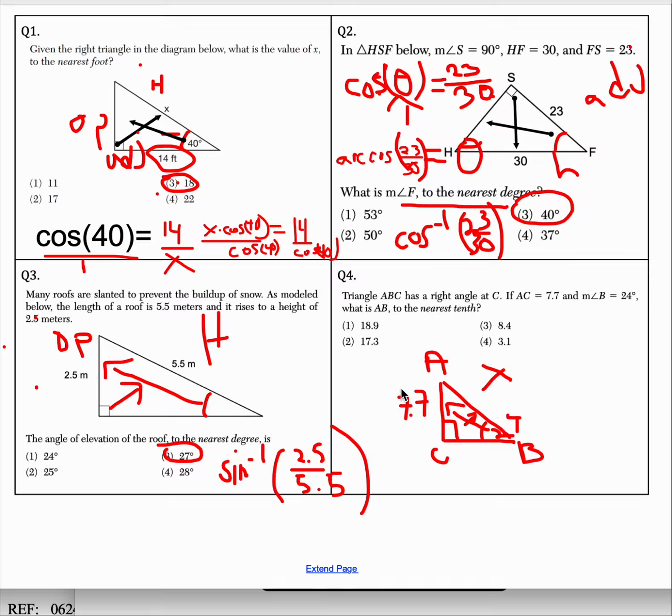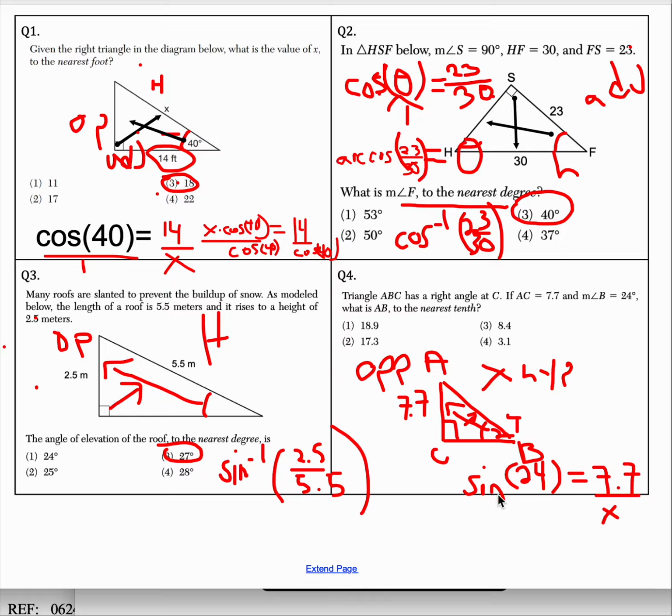Okay, so I have my opposite and I'm looking for my hypotenuse. So in this case, we're going to do sine, and we're given the angle is 24. And we know that it's going to equal opposite over hypotenuse.